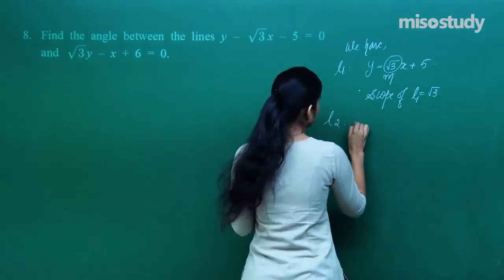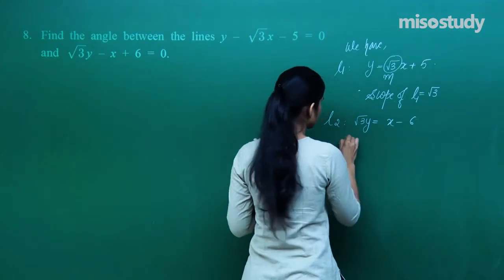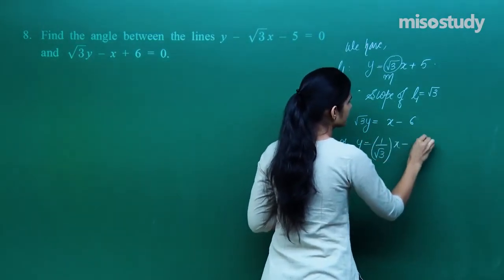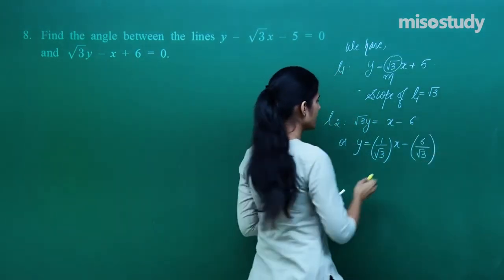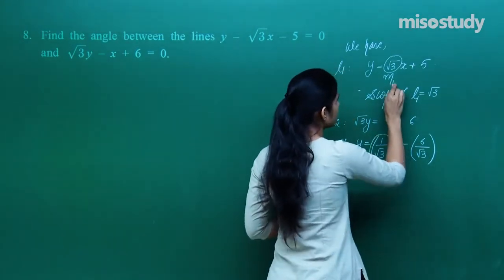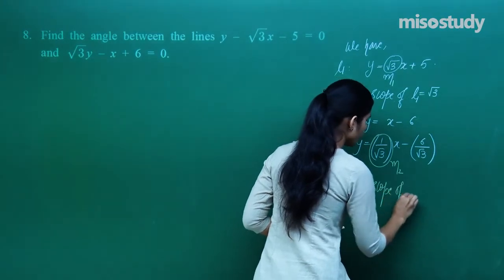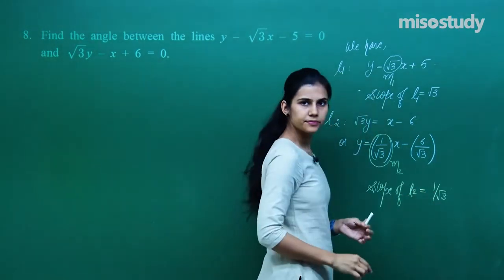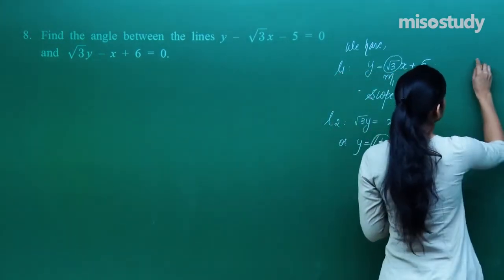What about L2? Write it like that. You have root 3y equals x minus 6, or y equals 1 by root 3 x minus 6 by root 3. And here you have this as m. So say this is m1, this is m2. So the slope of L2 is 1 by root 3. m1 you have, m2 you have.